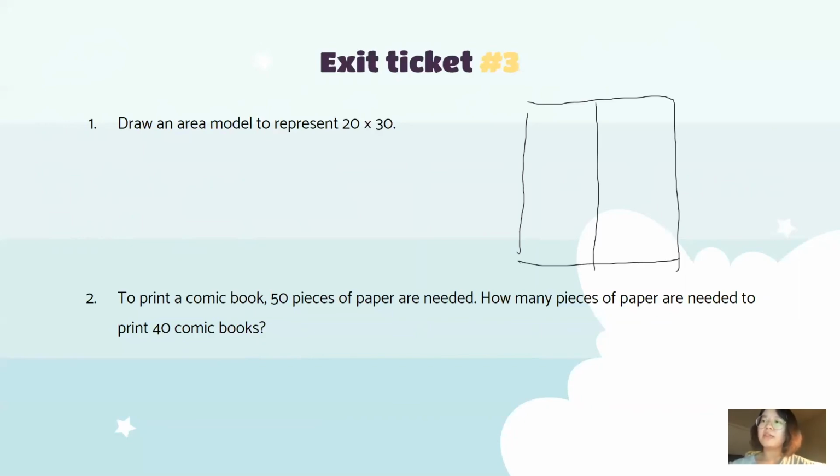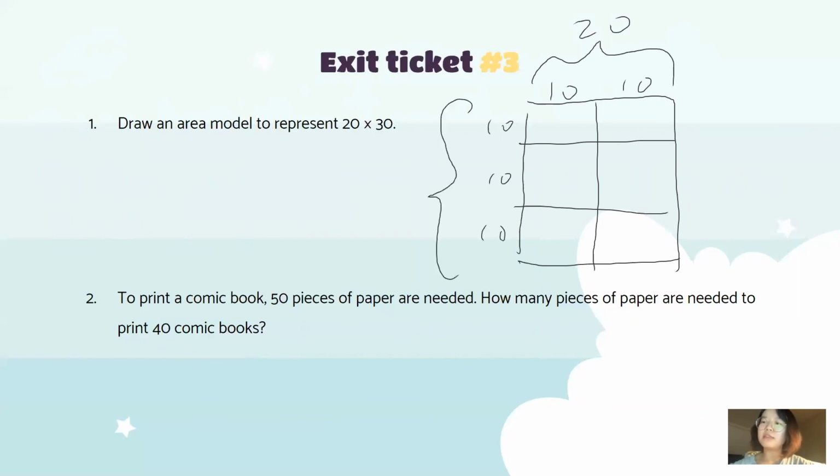Each side represents 10, so this represents 20. And this side is 30.